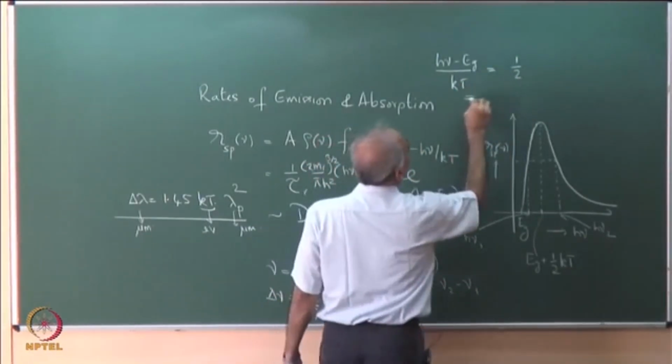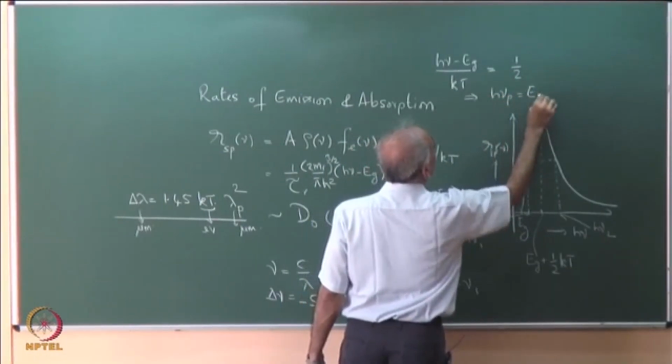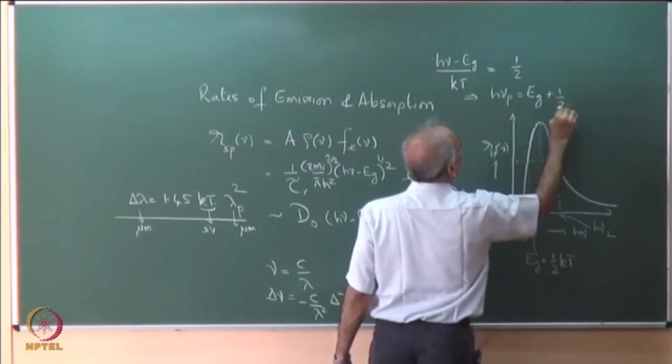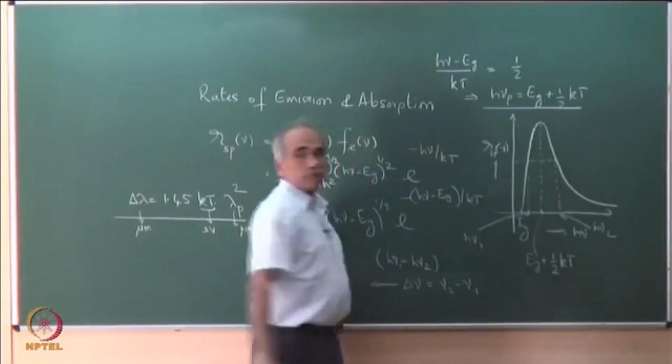This implies h nu is equal to h nu p is equal to E g plus half k t, as I had written earlier here.